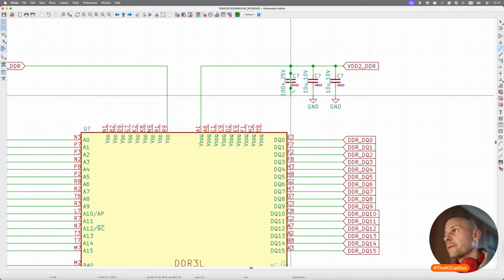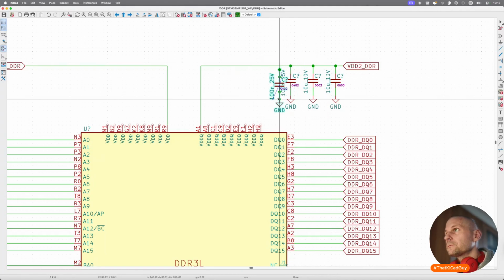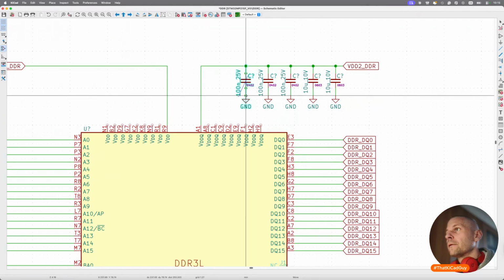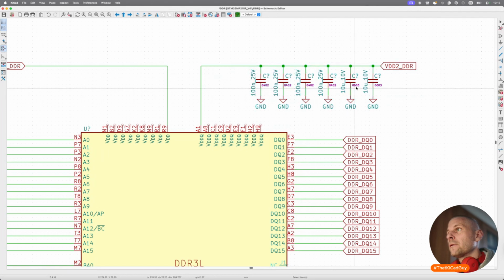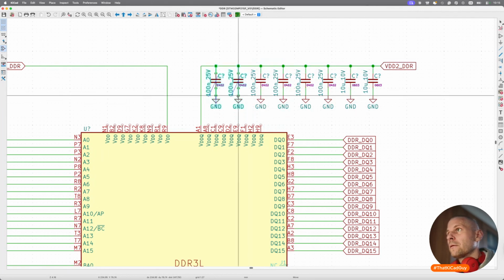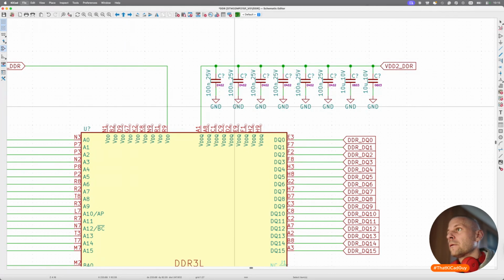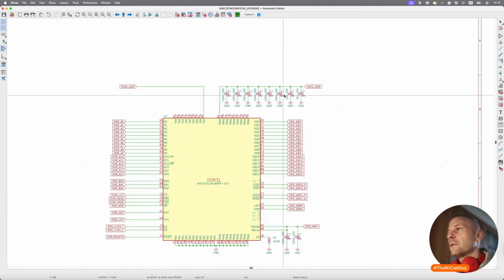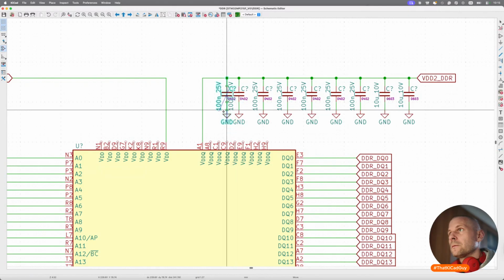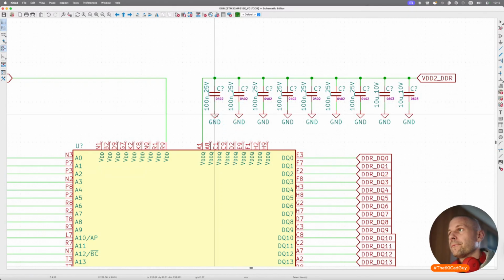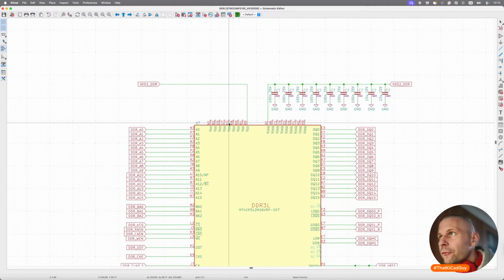Six. I said 7. And the number is the same.